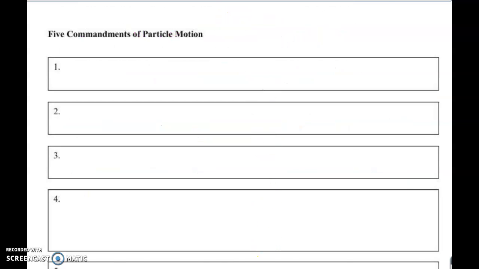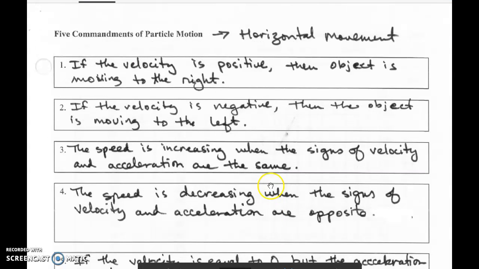Again, I'm going to go to the answer key just because I don't want to mess anything up. So all of these answers are based off of horizontal movement. He's talking about movement on the x-axis, left and right. So what you want to make sure that you can either deduce on your own or memorize.